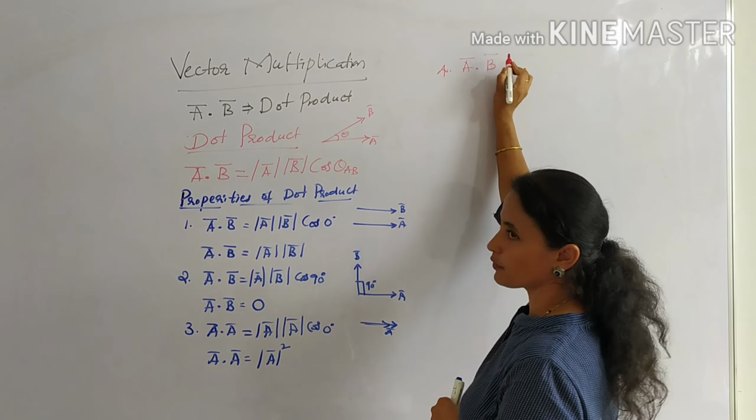Now, in this class, what did we discuss? We discussed the cylindrical coordinate system. We obtained the coordinates of the cylindrical coordinate system as R, phi and Z, and we obtained the differential length, differential surface and differential volume.